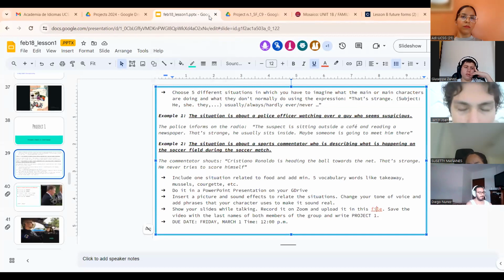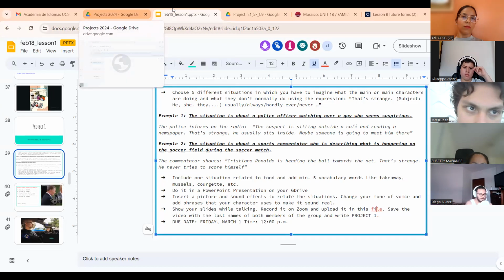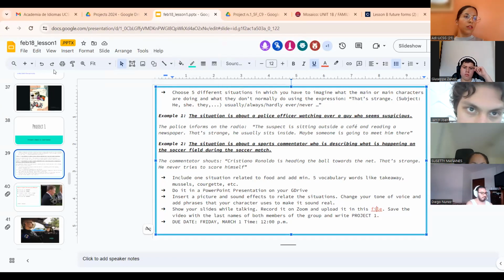Pero, disculpe, la pregunta es, ¿dónde está el PowerPoint, ese archivo que de ahí para acceder al link? You mean my slides, the information? Exacto, porque si ahí está el archivo que nos dice para subir, no tenemos. No, you already have access to my slides.